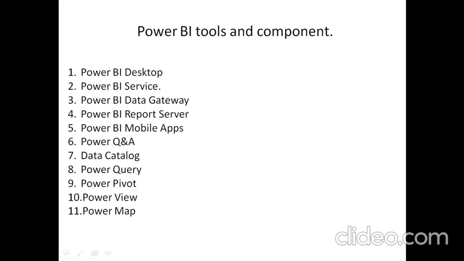For example, if you have set up your data sources on your local system or in a customer's data center which is behind a firewall, you will need to install the Power BI data gateway for the Power BI service to be able to connect to those data sources and fetch the data.